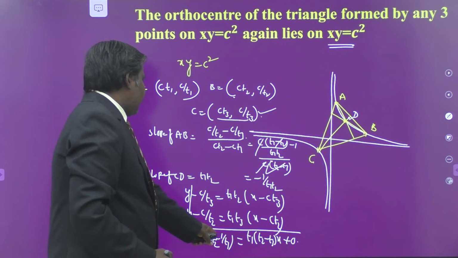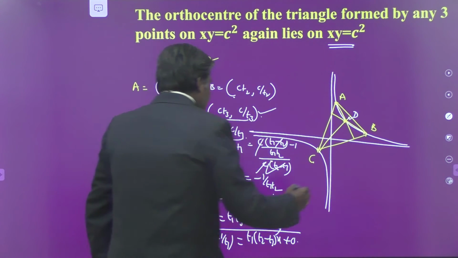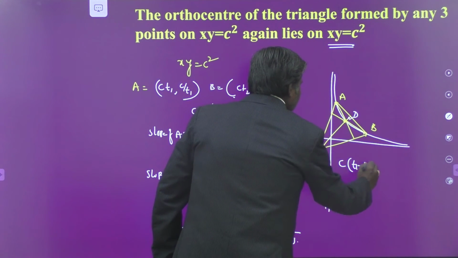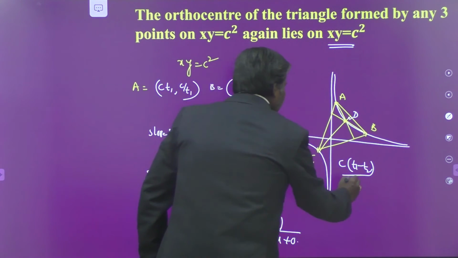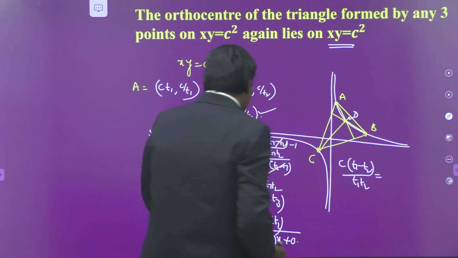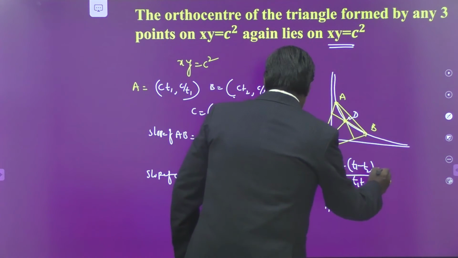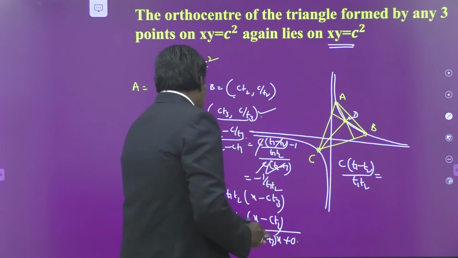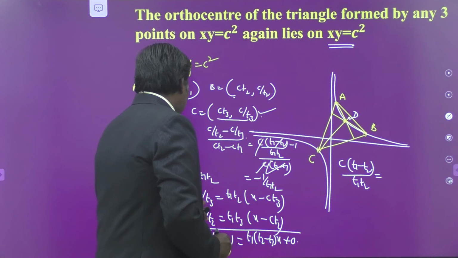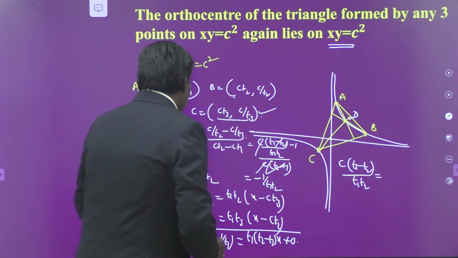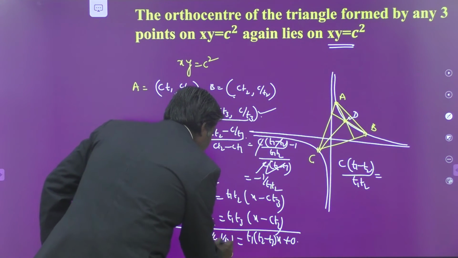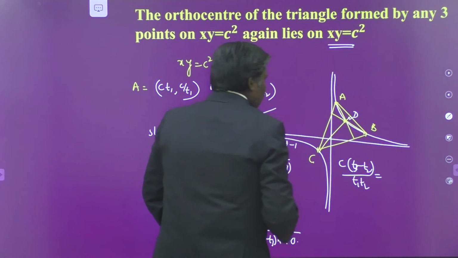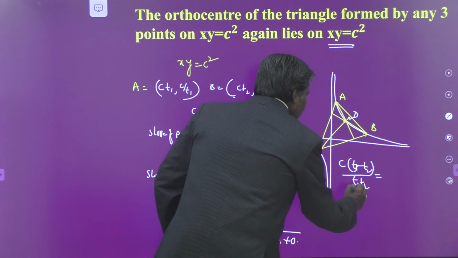Now c times (1/t2 - 1/t1), that is c times (t1 - t2) by t1 t2, is equal to t1 into (t2 - t3) times x. Sorry, 1/t2 minus 1/t3 is (t3 - t2) by t2 t3.